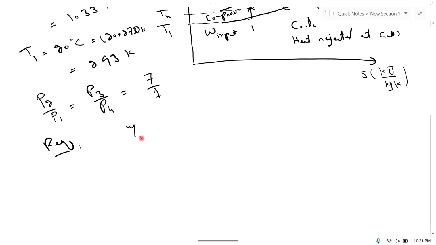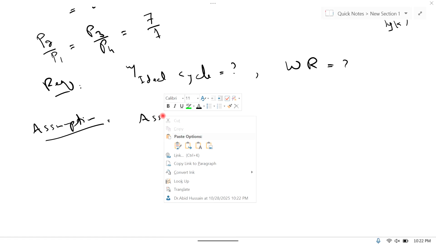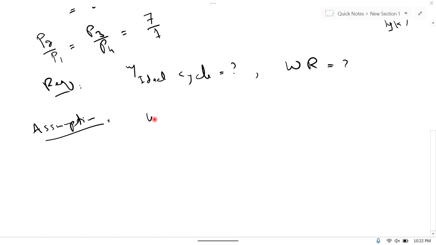Assumptions: assume that the working fluid, or working gas, is air, and second, that air is a perfect gas.